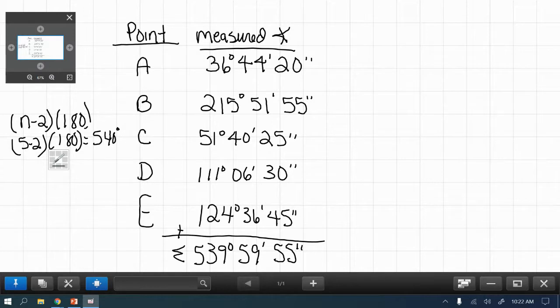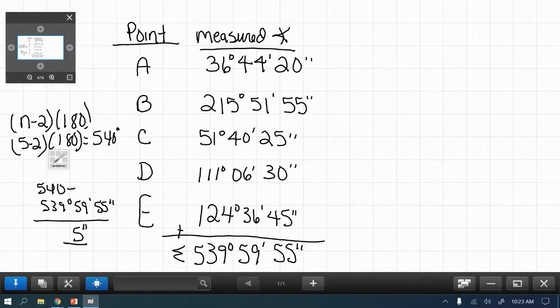Okay, because we can adjust from that. So we're 5 seconds under, because if I take 540 minus our 530, we want to adjust these equally.